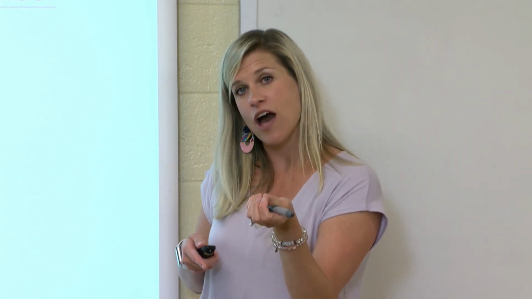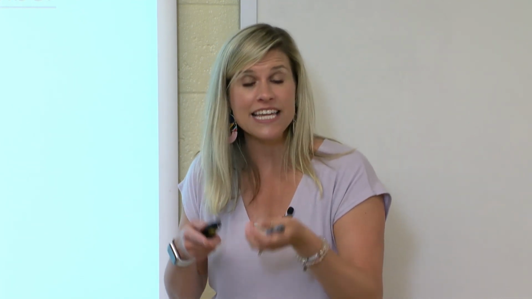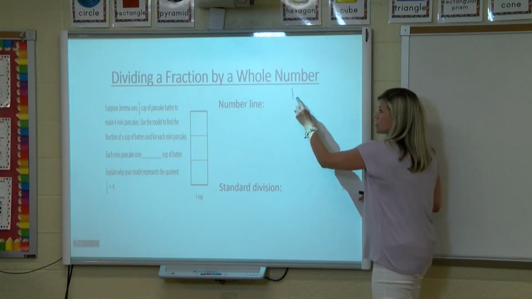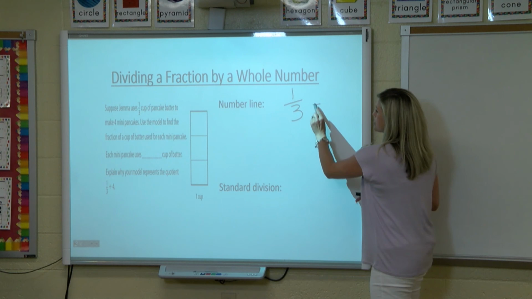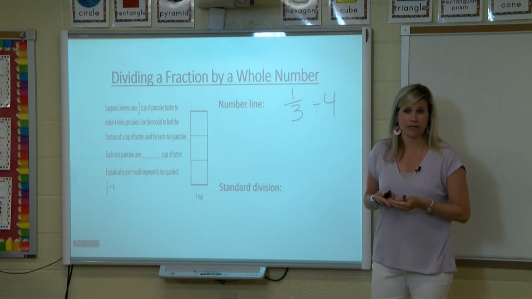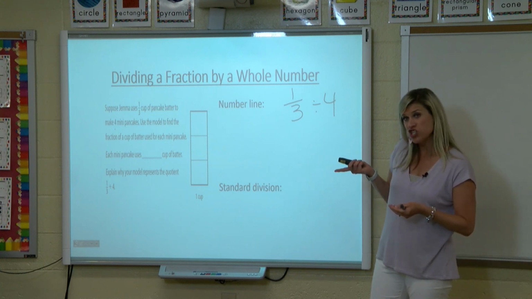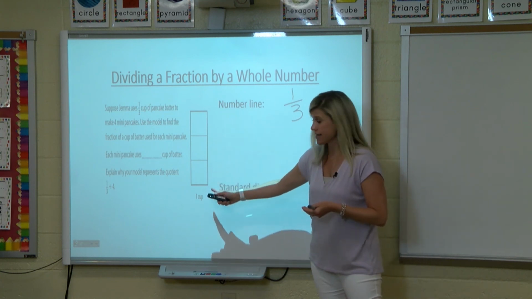Now she's going to have that 1/3 cup, and she's going to divide that into 4 mini pancakes. So basically it looks like this. She has that 1/3 cup and she wants to divide that 1/3 cup by 4 mini pancakes. And I want to know how many pancakes she's able to make with 1 cup of batter.